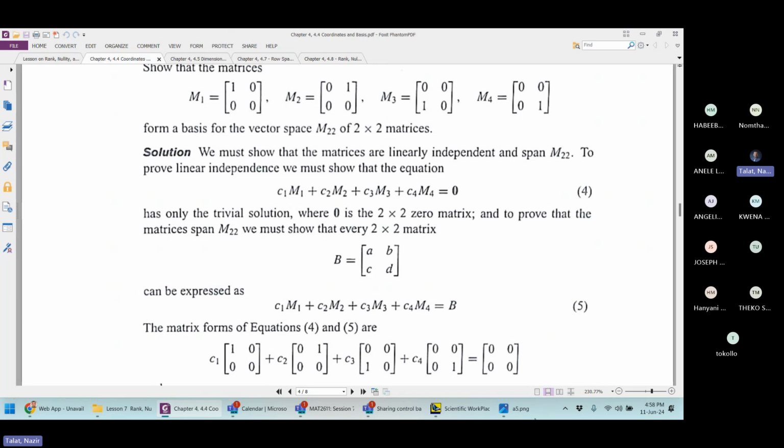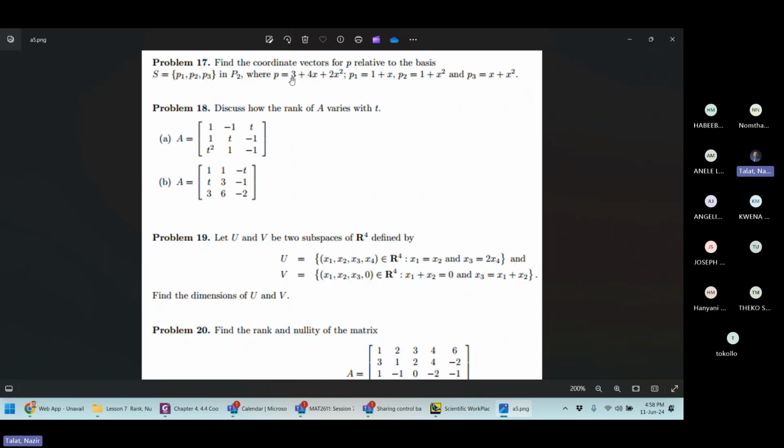For instance, in this problem, you just need to write P, like 3 plus 4x plus 2x square, equal to C1 times (1 plus x), plus C2 times (1 plus x square), then plus C3 times (x plus x square).